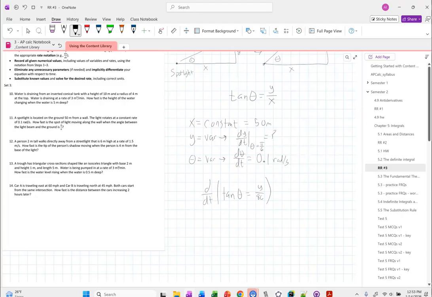And I'm going to fill in my constant for x. The derivative of tangent is, so I have secant squared. So the derivative with respect to time of tangent theta is secant squared theta d theta dt. And the derivative of y over 50 is going to be 1 over 50 dy dt.